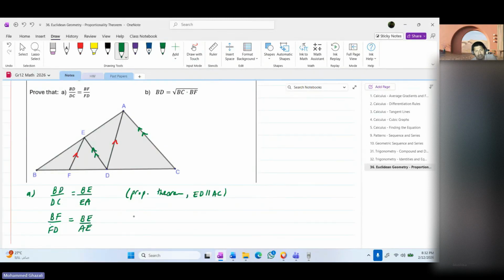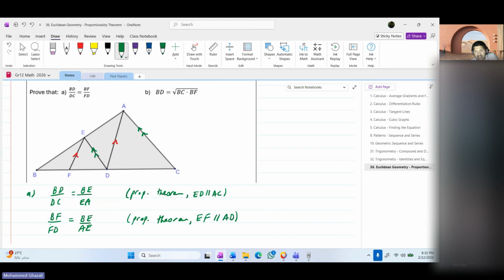And guess what? Part 1 and part 2 are exactly the same, because you've got BE to EA, BE to AE, same thing. And this is the proportionality theorem, because we have EF parallel to AD.